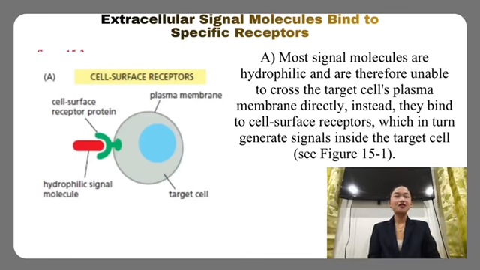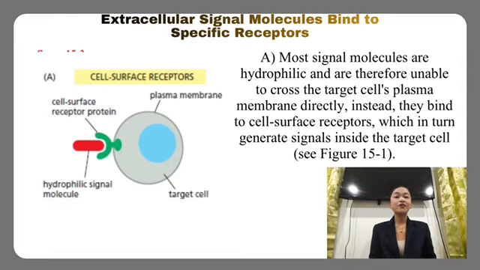Extracellular signal molecules bind to specific receptors. This diagram shows the two main types of receptors and how they interact with different signaling molecules. Let's start with A, the cell surface receptors. As we can see on the slide, hydrophilic signal molecules, or those that love water, cannot cross the plasma membrane because it's made up of lipids.